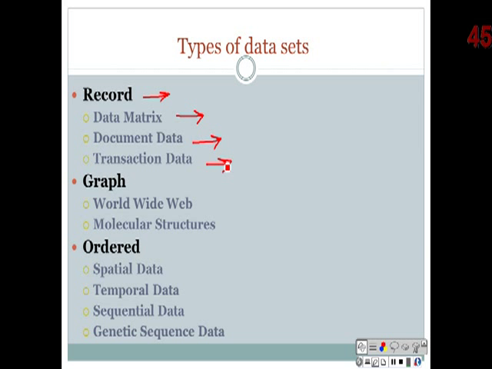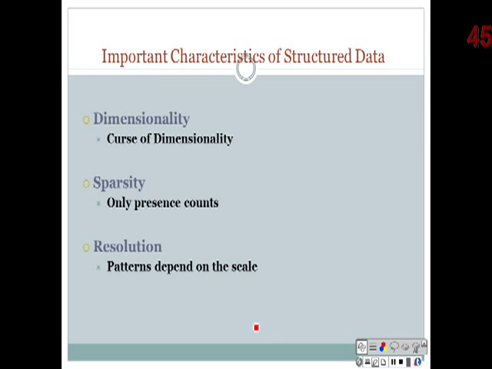Transaction data, we saw one of those examples, and we're going to see more. Now, the graph. We can define the World Wide Web, which is hyperlinks between pages, for example, as a graph. Also from biology, the molecular structure can be defined as a graph. Ordered data includes, for example, spatial data, temporal data, sequential data, and genetic sequence data, and we're going to look at each one of those.